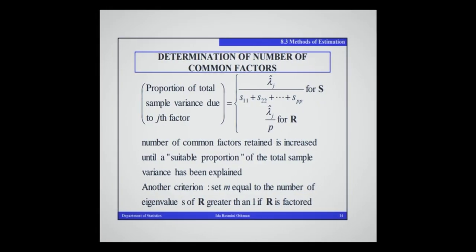Okay, and then we also can find the determination of the number of common factors, which is the proportion of the total sample variance. Macam sebelum ni kan, kita boleh tengok berapa banyak ataupun berapa persen the common factors that we conclude is represent the variance.